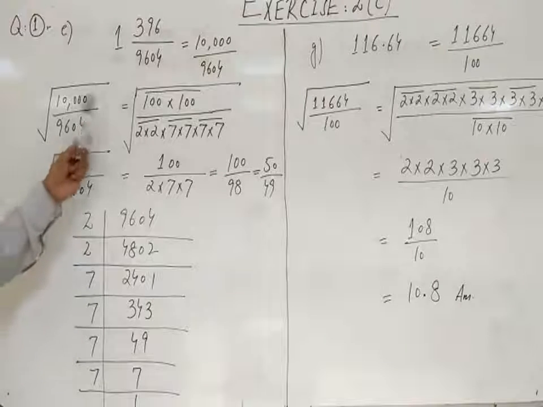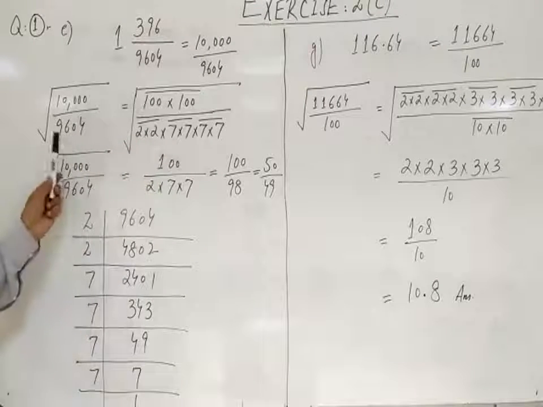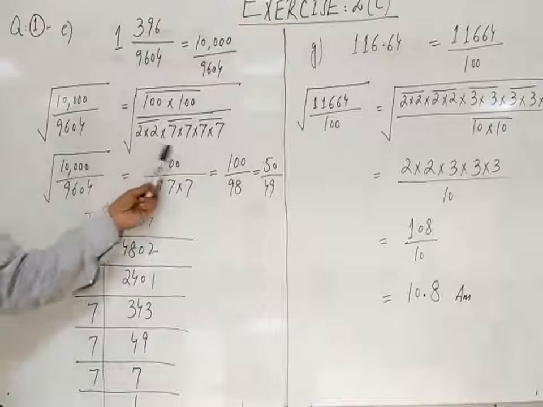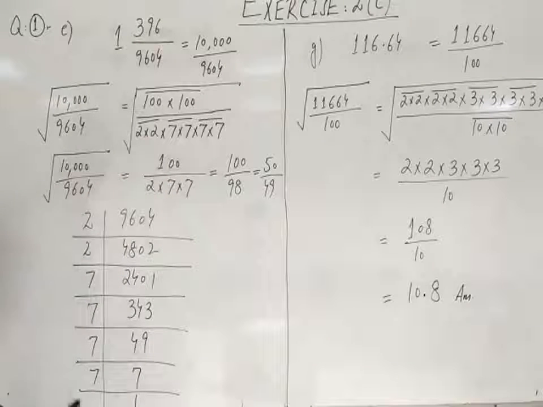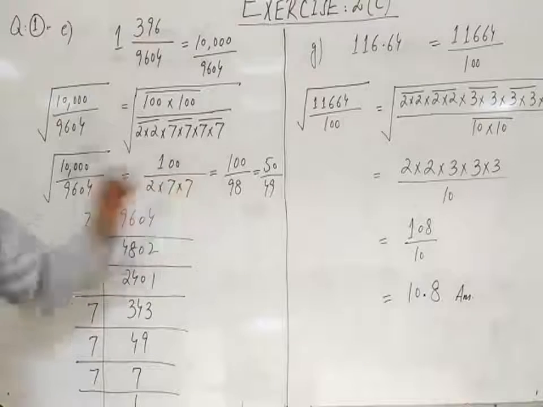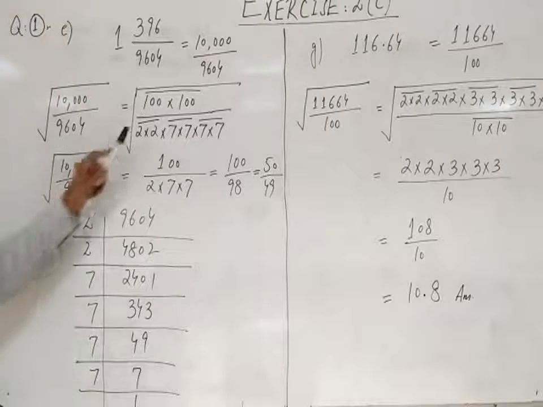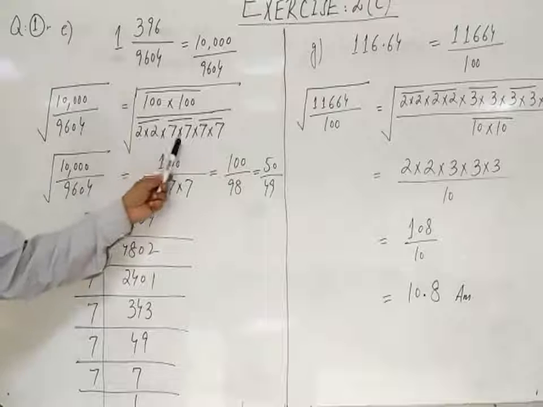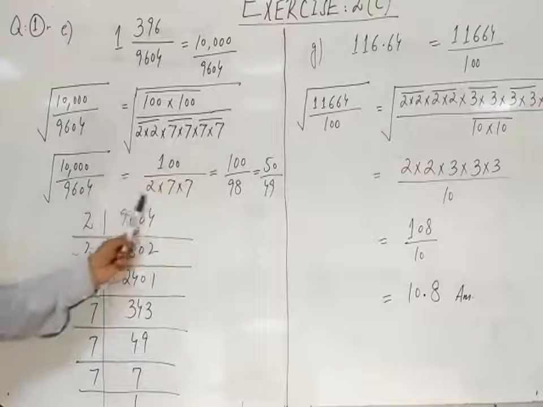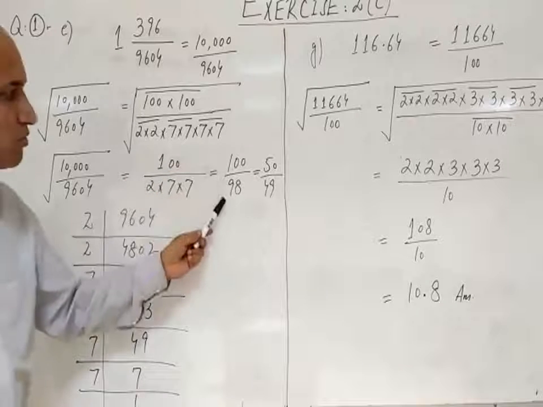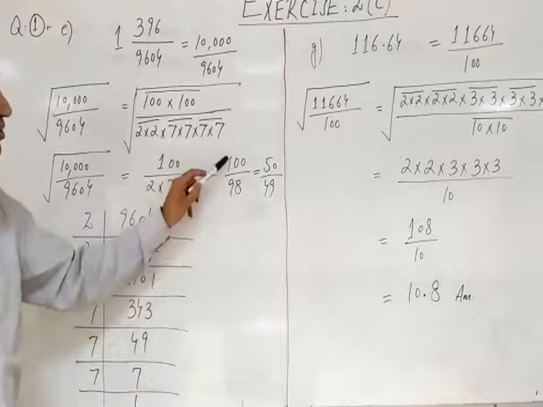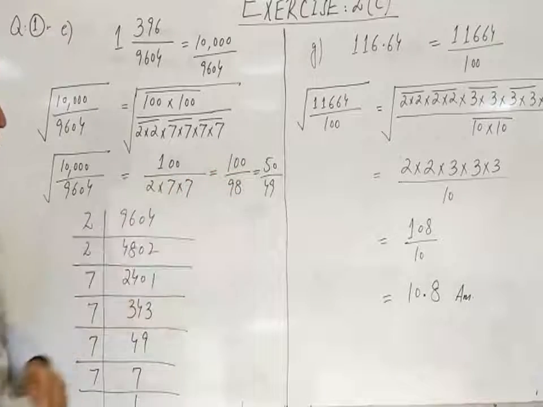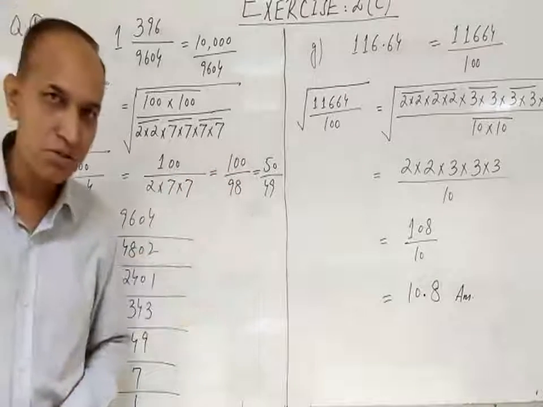So we write 10,000 as 100 into 100 and 9604 as these numbers. These are the numbers we write over here, and then we get 100 from here and 2, 7 and 7 from here. When we multiply this, we get 100 over 98. We divide this by 2, get 50 over 49, which is the answer.